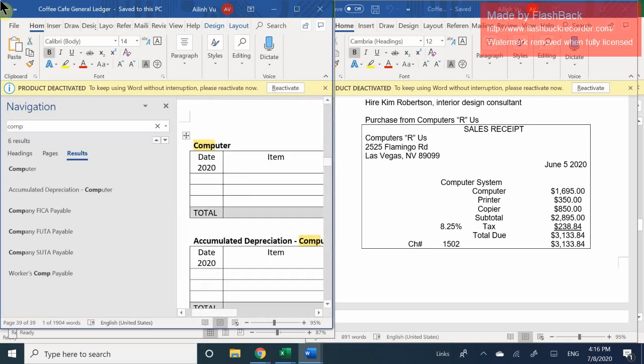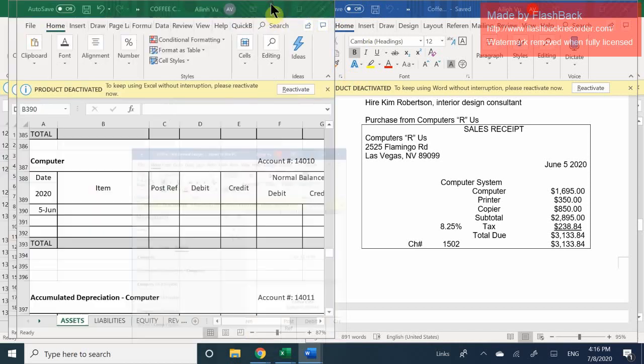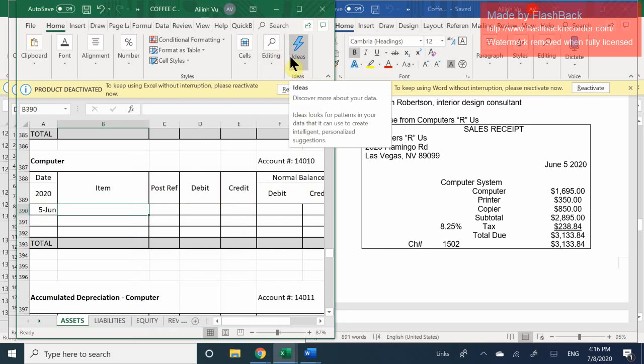Okay, so the computer is on page 12. Top of page 12 is your computer.